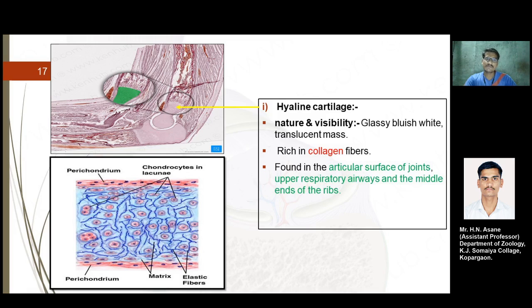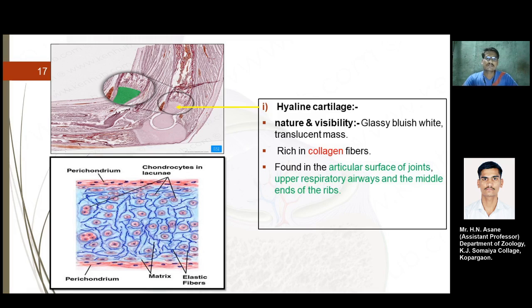Articular surface means where the spongy bone connects with the compact bone, and in the spongy bones the arteries form a network for the supply of blood in the bone tissue itself.